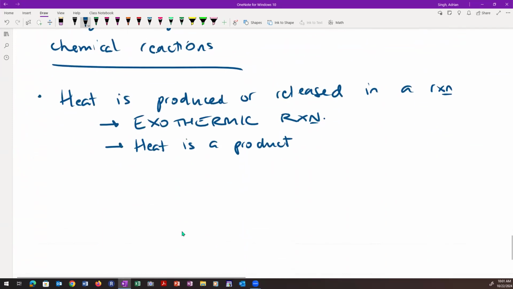So that's one example. The second one, as you can maybe guess, is where heat is absorbed or required in a reaction. Okay, and in this case, it's not exothermic. This is referred to as an endothermic reaction.